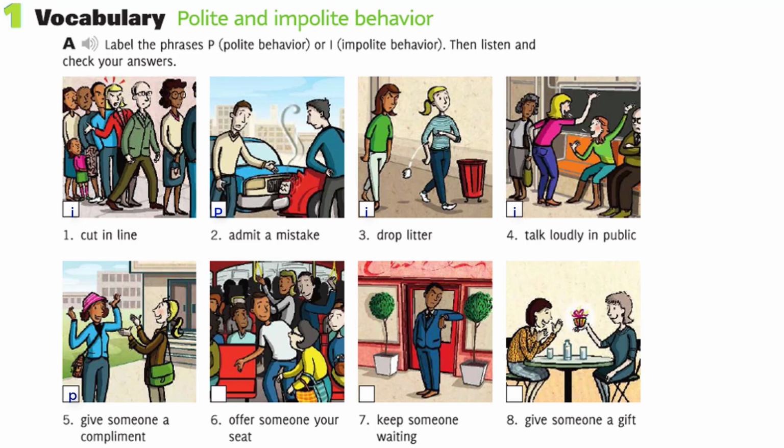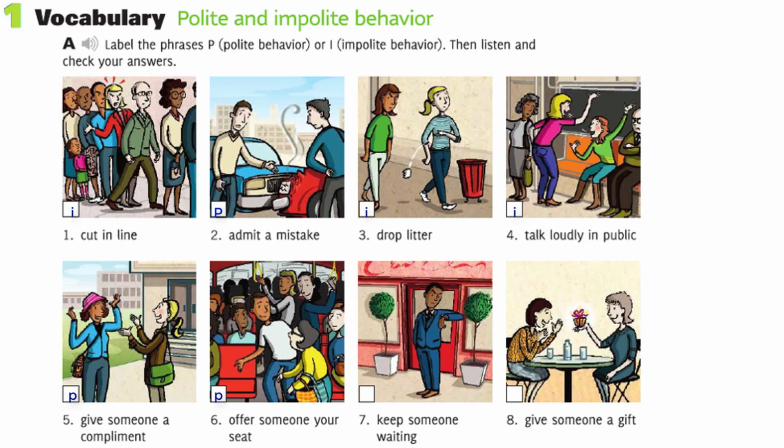Number 6, it looks like they're on the bus, and there are a lot of people. It's packed. We can notice that some people are standing up as well. And this man right here is being a gentleman by offering his seat to the lady. So to offer someone your seat is polite behavior.